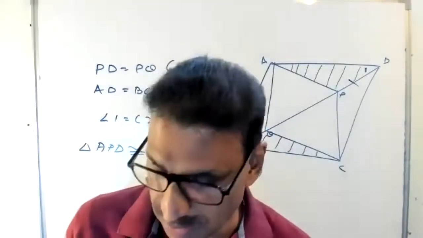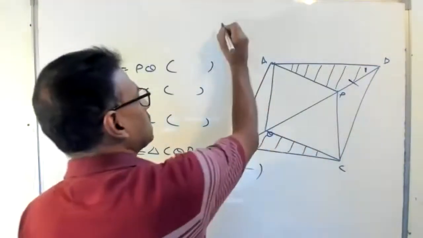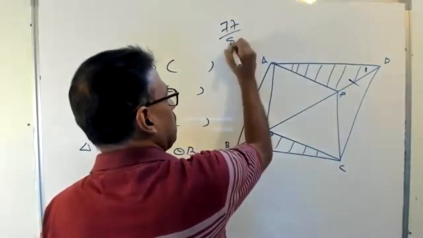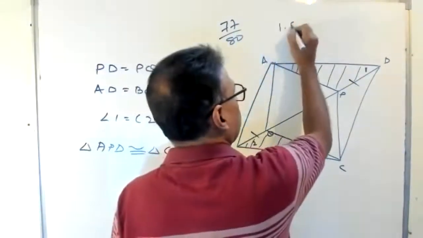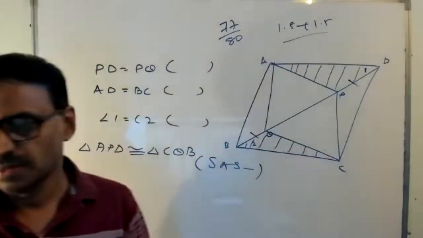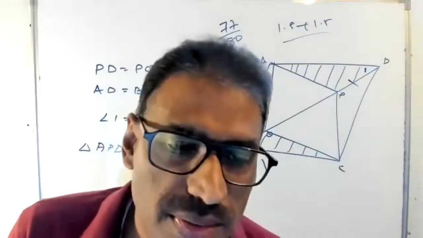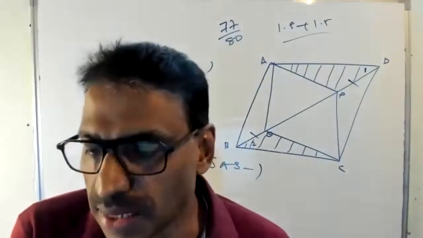And that student got what? How much did he get? The student got 77 out of 80. The 3 marks, how did he lose them? 1.5 plus 1.5 for the figure. Rest all correct, right? Yes, sir. A golden opportunity to get the full mark.